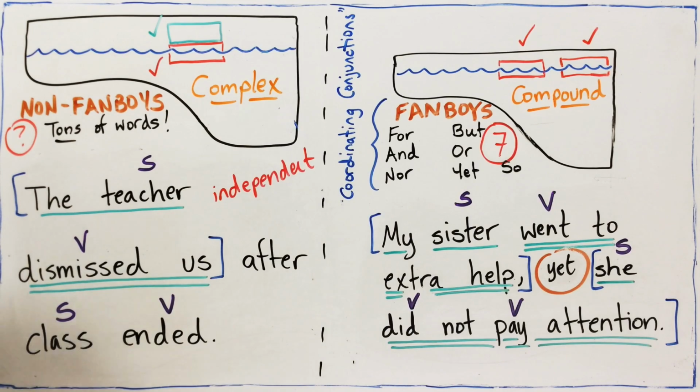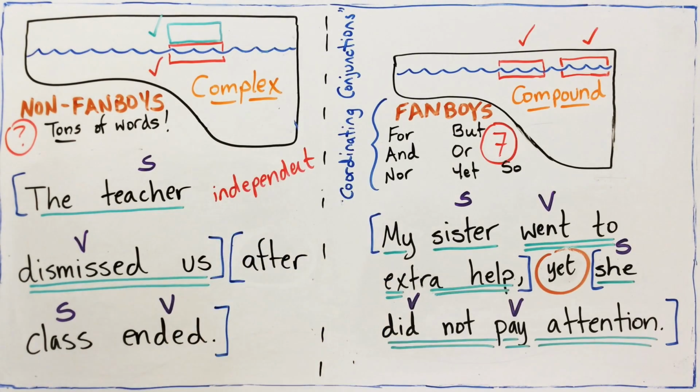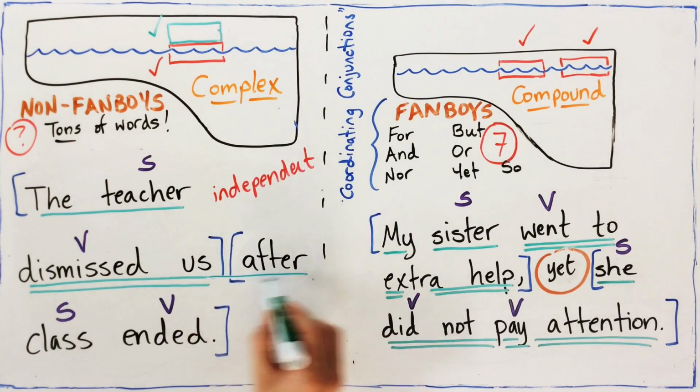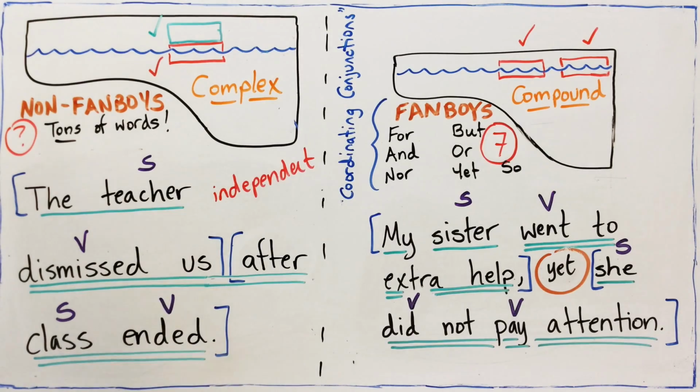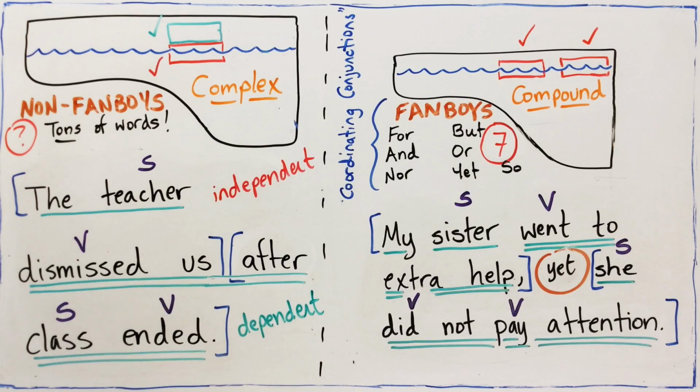After, because it's not a fanboys, can't stand between the two clauses. It has to be part of one of them. And clearly it's going to join the second clause. So, after class ended does not form a sentence by itself. Therefore, the first clause takes it over. All that after class ended does is tell you more about dismissed us. It tells you when the teacher did the dismissing.